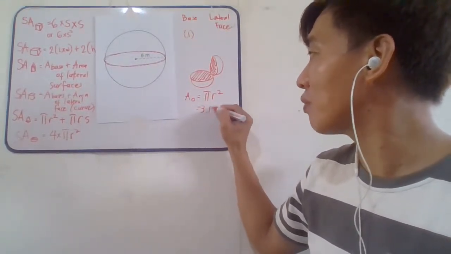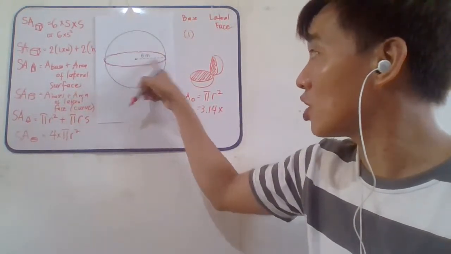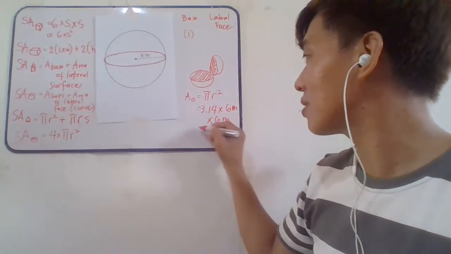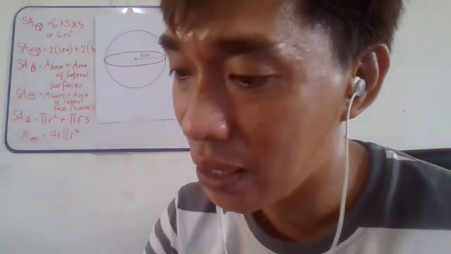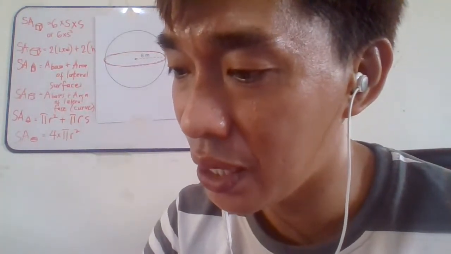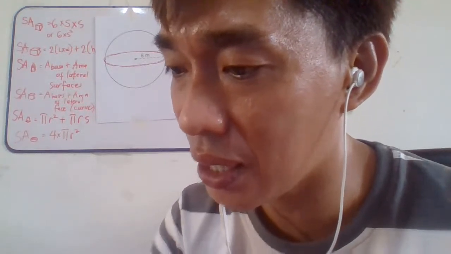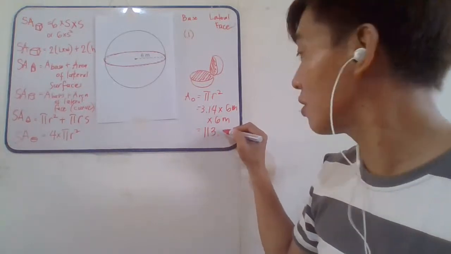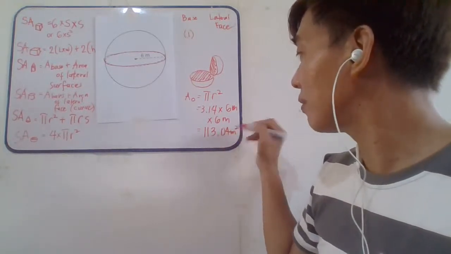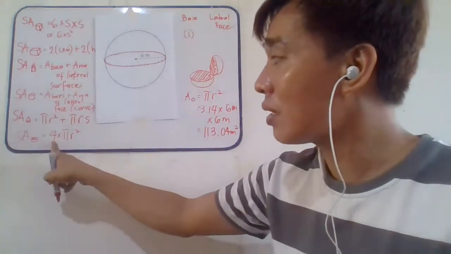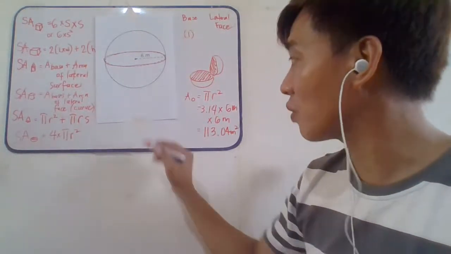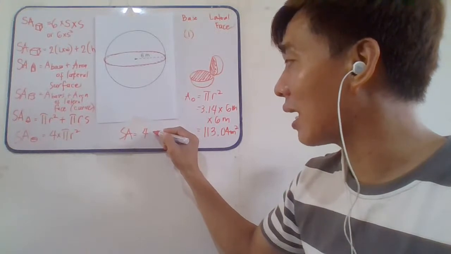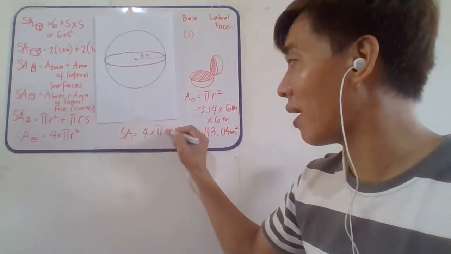Pi is 3.14 times the radius, which is 6 meters, squared. So that will give us 3.14 times 6 times 6, which is 113.04 meters squared. But remember, you still need to multiply it by 4. To get the surface area, multiply the area of the circle, pi r squared, by 4.